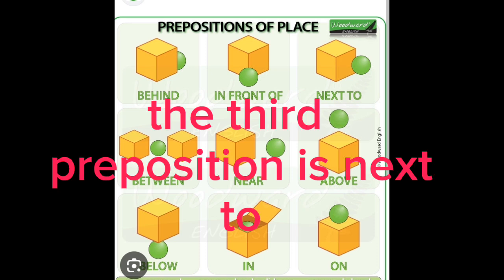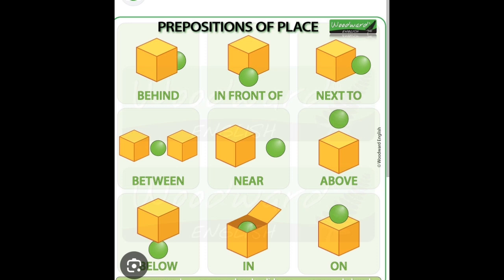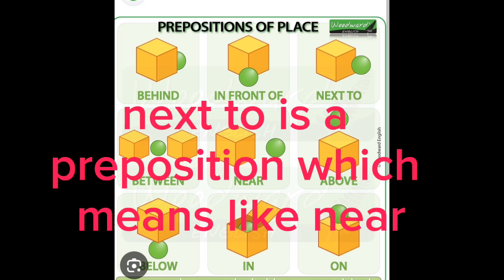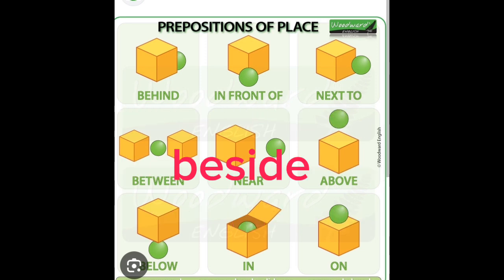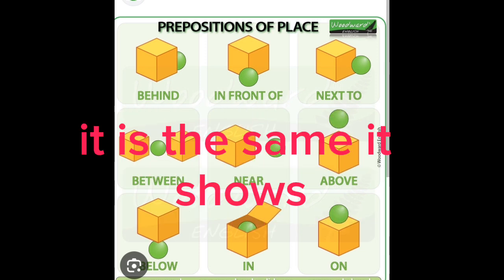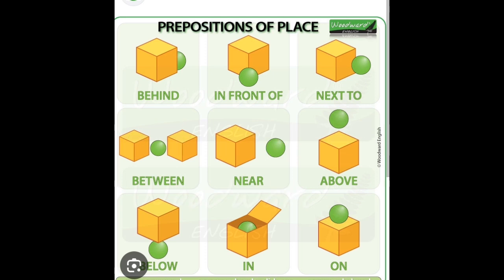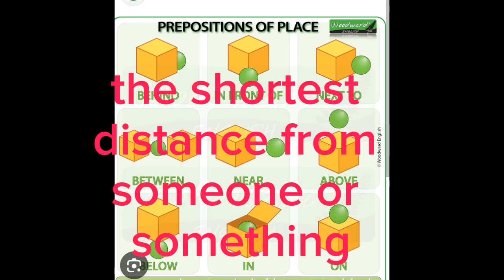The third preposition is next to. Next to is a preposition which means near or beside. It is the same. It shows the shortest distance from someone or something.